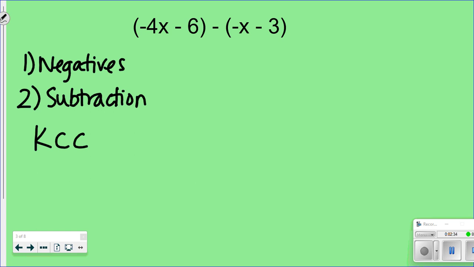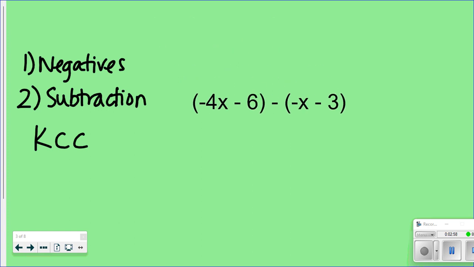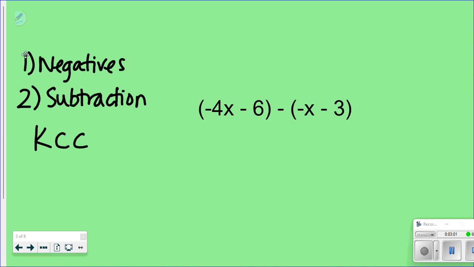So here's the thing about it. Technically, in this problem, there's two problems. The first problem is maybe this one. The second problem is this one. So there's really two problems going on in here, the constants and the ones with the coefficients. So I'm going to pull this down. There we go, and I'm going to show you some things.